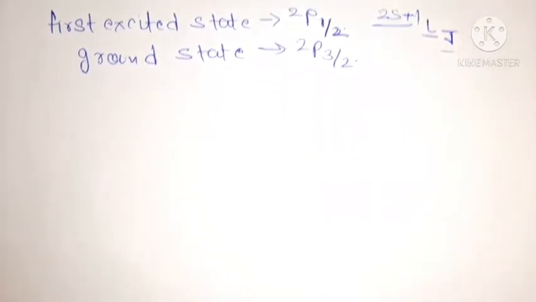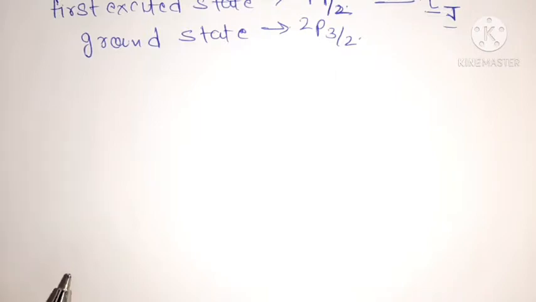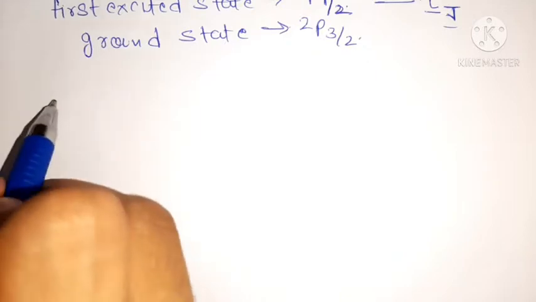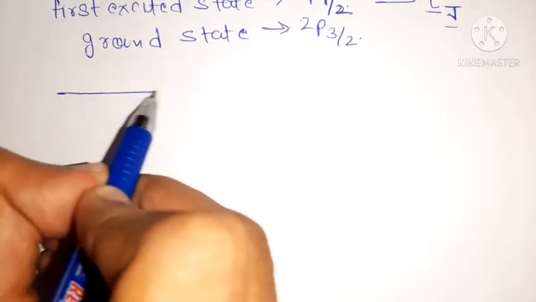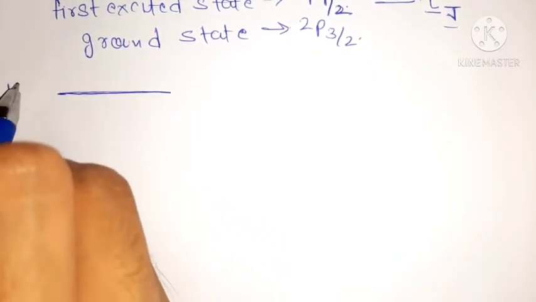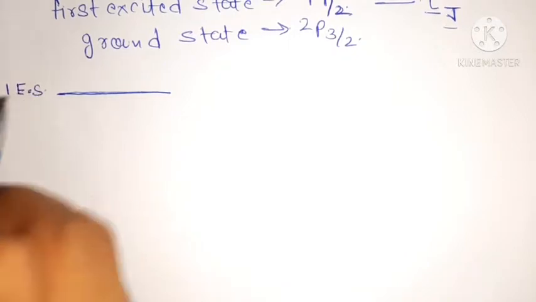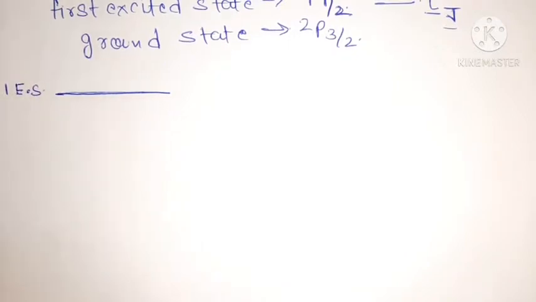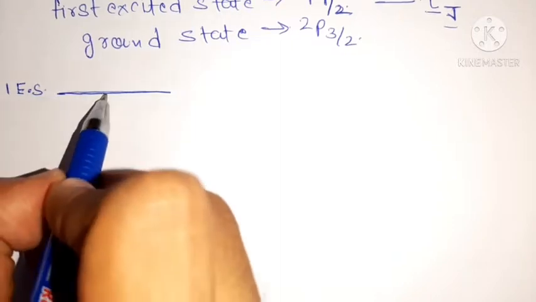Now according to our question, it states that the first excited state of fluorine lies at an energy of 400 cm⁻¹ above the ground state. So this first excited state lies at an energy of 400 cm⁻¹ above the ground state.